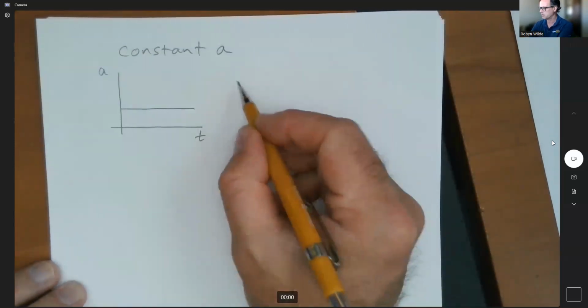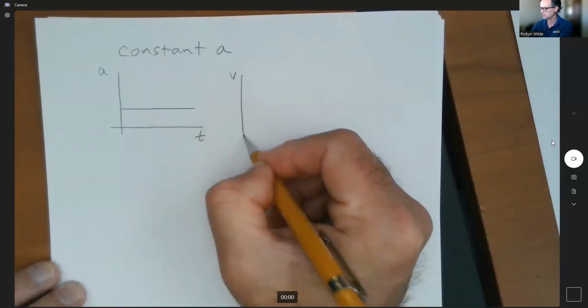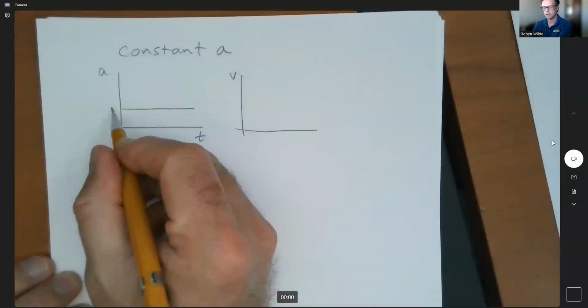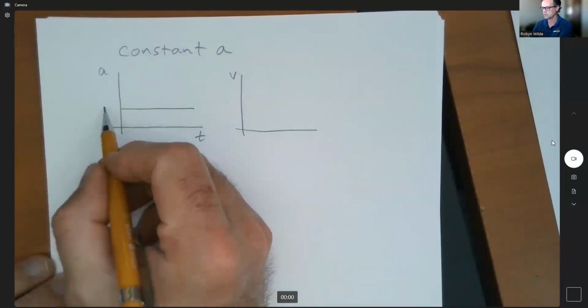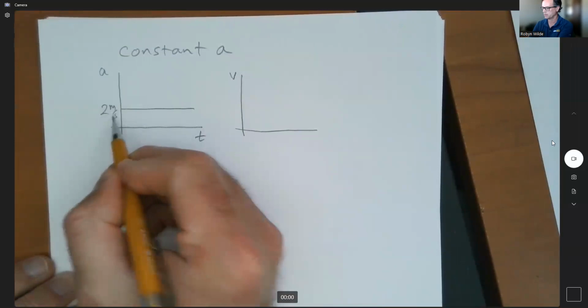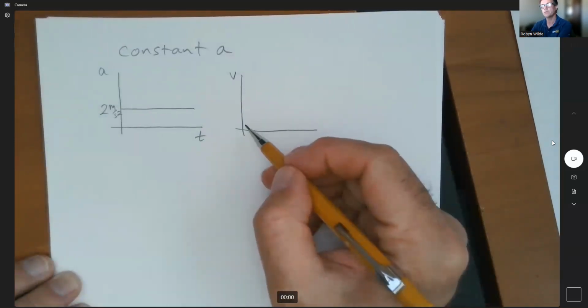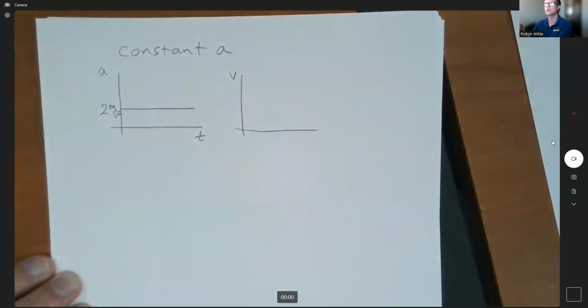Now my velocity graph, if I have a constant acceleration, what does that mean? Let's say that our acceleration was 2 meters per second squared. It's a constant. It means the slope of my velocity graph is 2 meters per second every second.